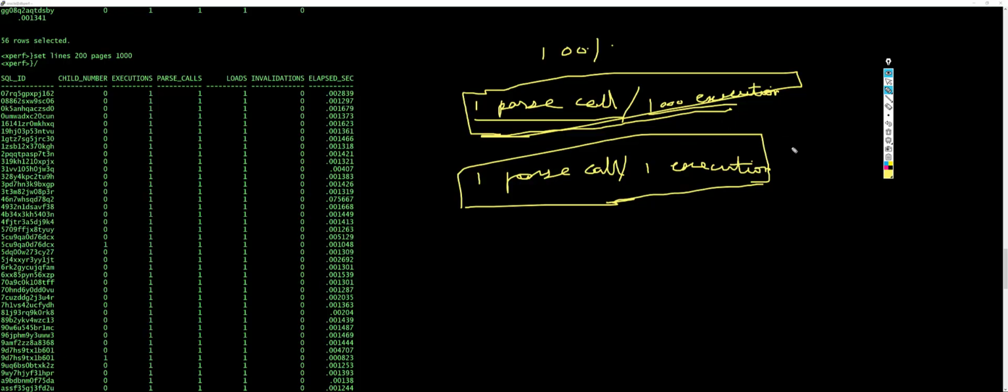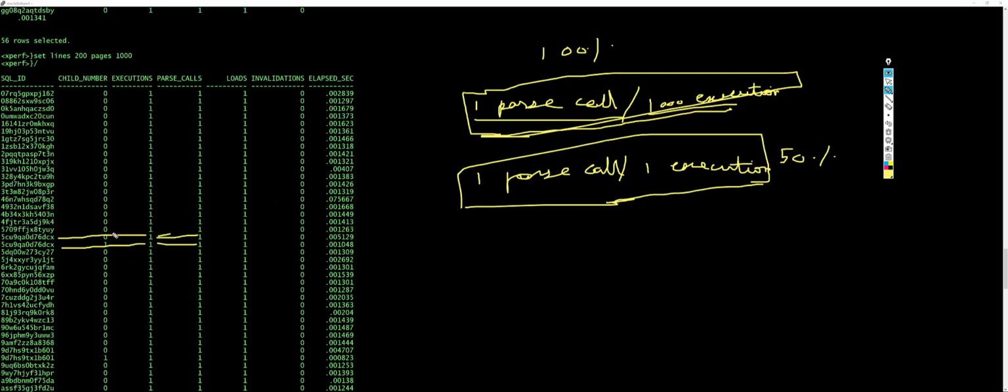The second one is 50% efficient. You can take the same SQL as an example. Here this particular SQL has been parsed one time and also executed one time. So this should not be like this.